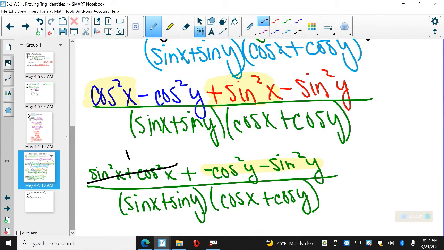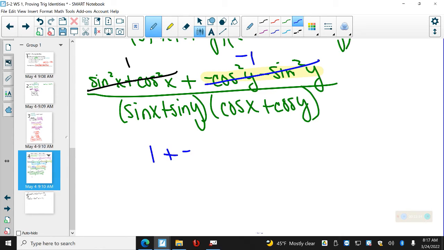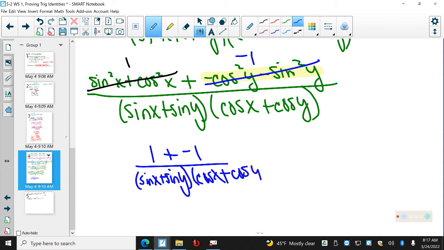So we're going to go all the way down here and we're going to say, hey, this right here is going to be -1. So now I have 1 plus -1 over this junk. What is 1 plus -1? What's 0 divided by anything? So the answer is 0 then.